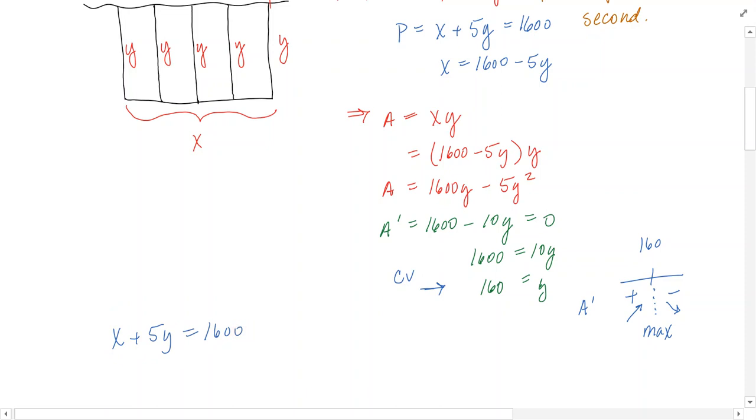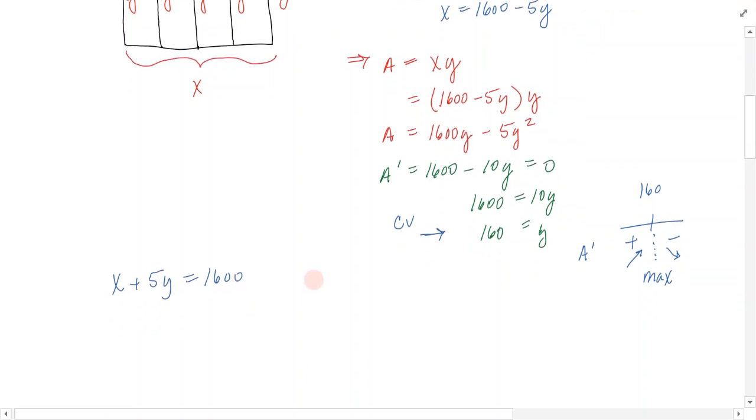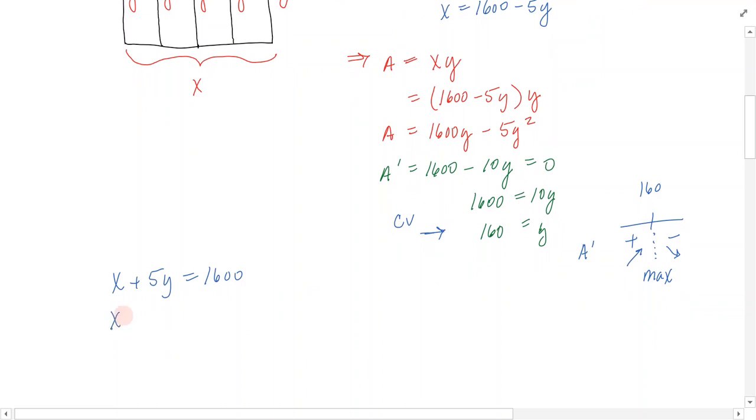That's the equation that we know had a given value in it. I know that x plus 5 times 160, because I'm substituting in for y, is equal to 1600, so that I can solve for x. This would be x plus 5 times 160 is 800, which is equal to 1600. Or in other words, x has to be equal to 800.